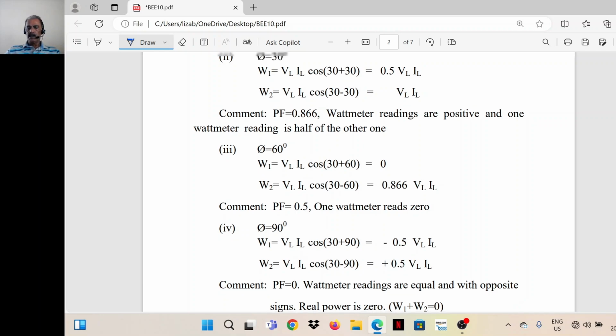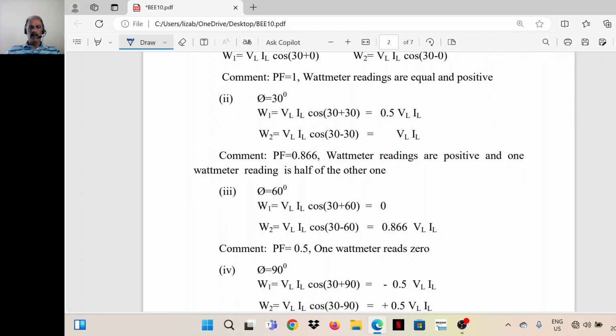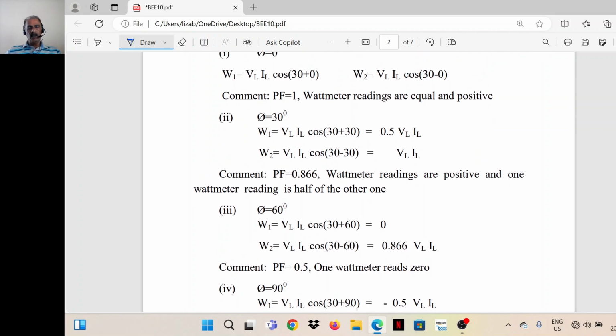So these are some interesting observations. When power factor is 1, both the wattmeter readings will be equal. When it is 30 degree, both the wattmeter readings are positive and one is half of the other one.